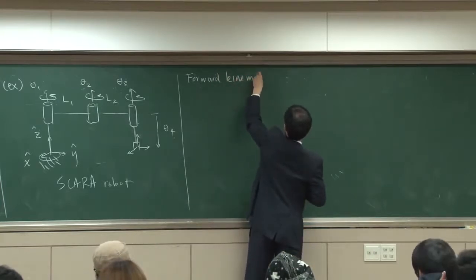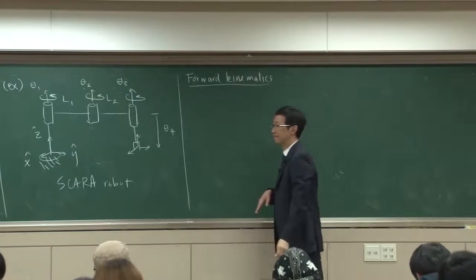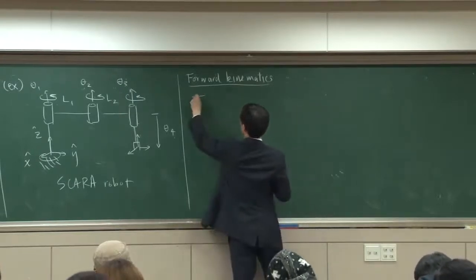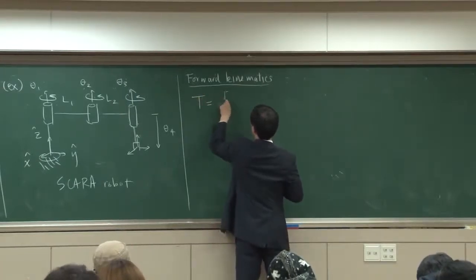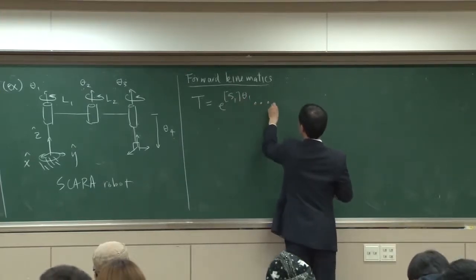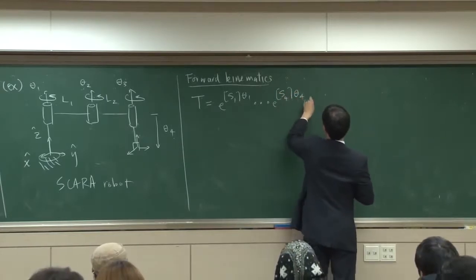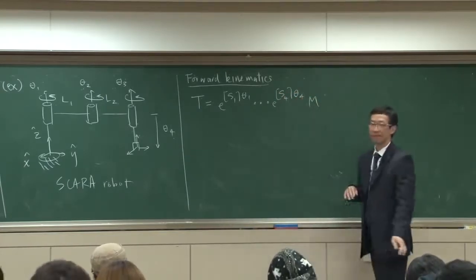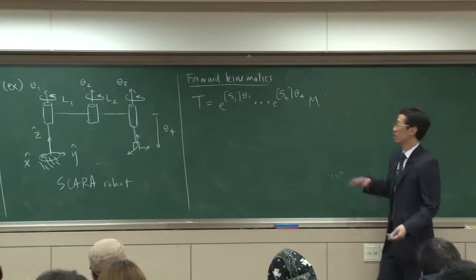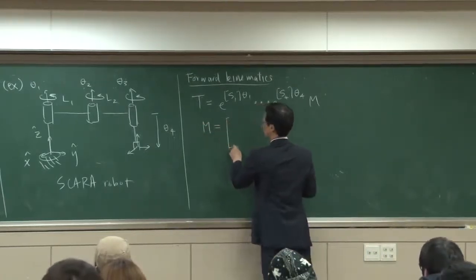Okay, so this I think everybody knows how to do. So T is e to the S1 theta 1, 4 joints, so up to e to the S4 theta 4 times M. So let's start with M first. M is what?